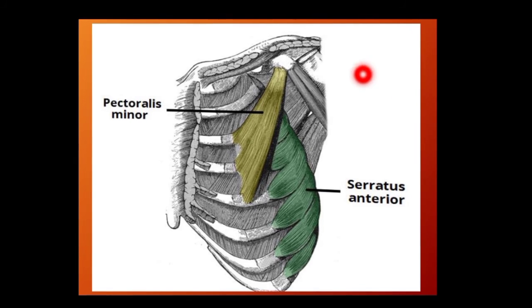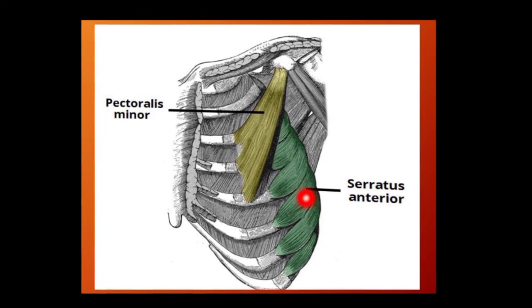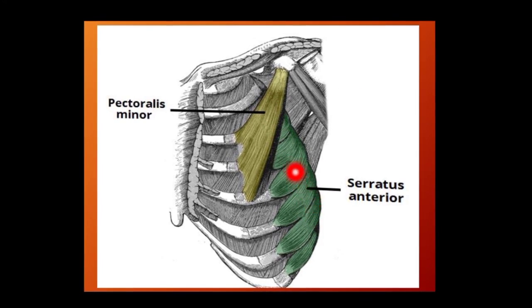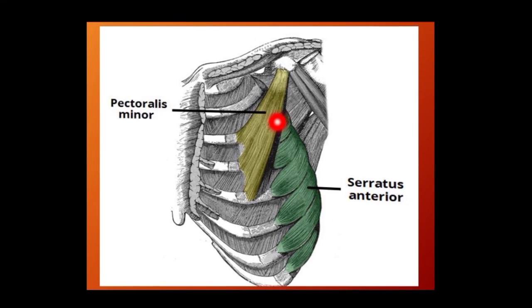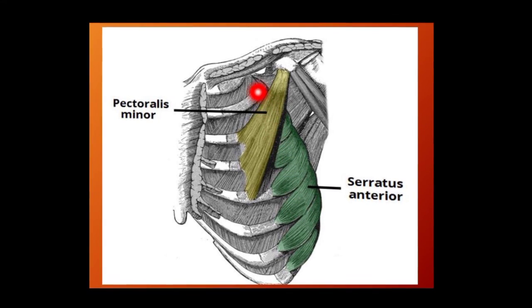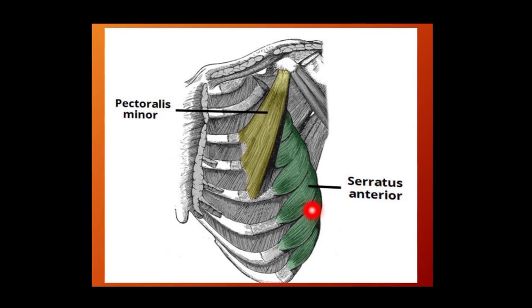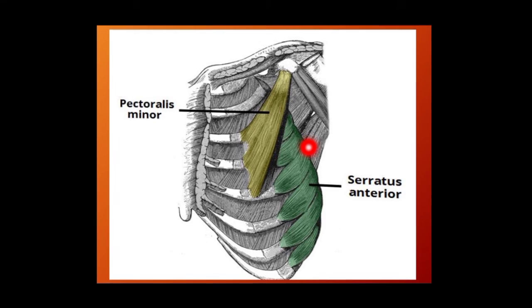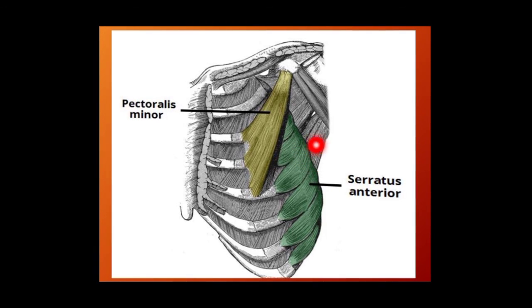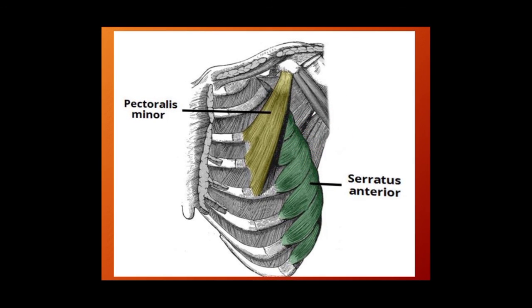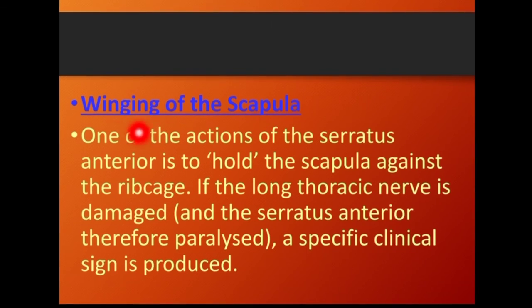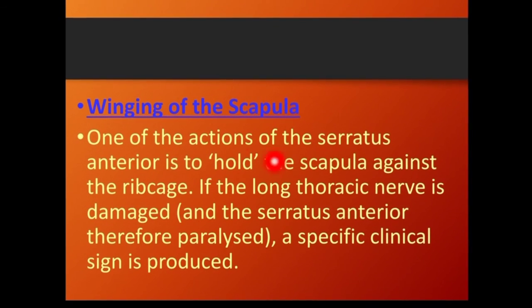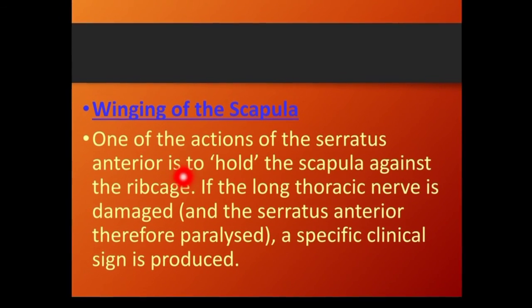This is the serratus anterior muscle. You can see it on the lateral side: in total 8 digitations, divided into 3 parts. First digitation, next 2 digitations, and last 5 digitations, right? Winging of the scapula: one action of the serratus anterior is to hold the scapula against the rib cage.